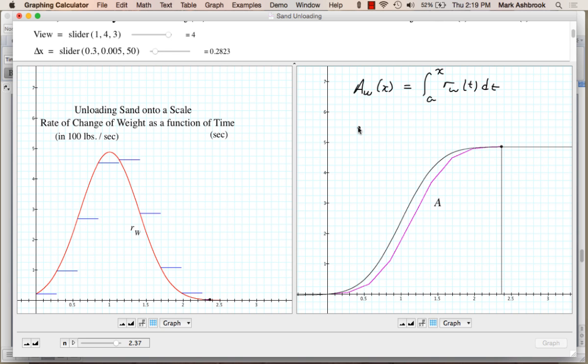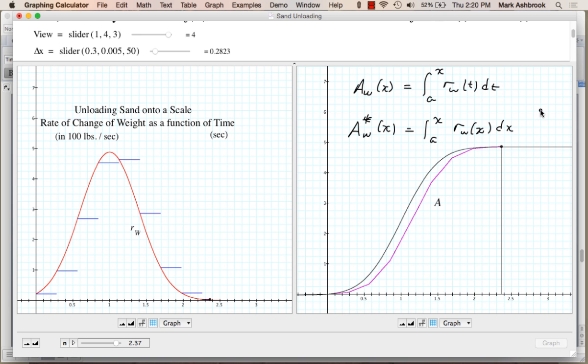I'll just call it A_W star. So why can't we just do a to x of R_W(x) dx? Why do we need to introduce this new variable t in there?